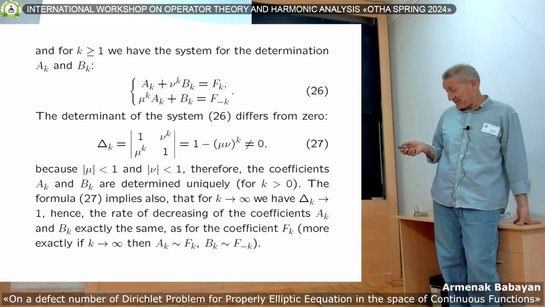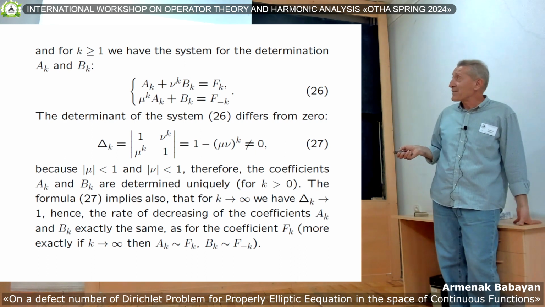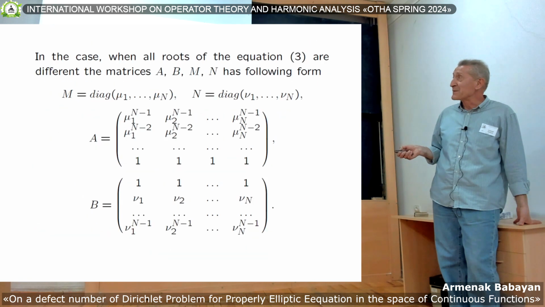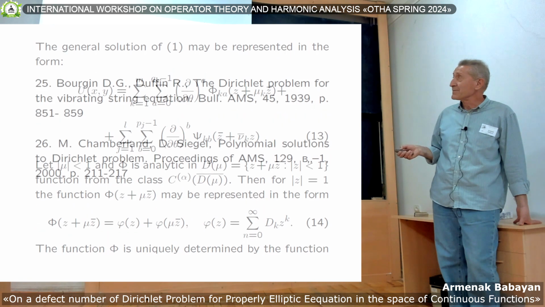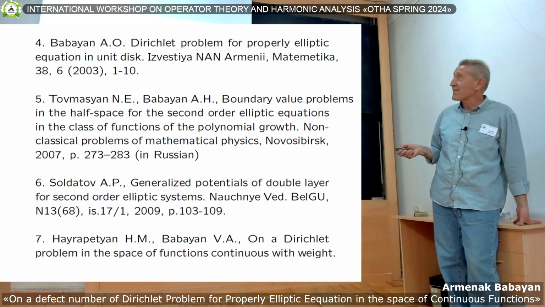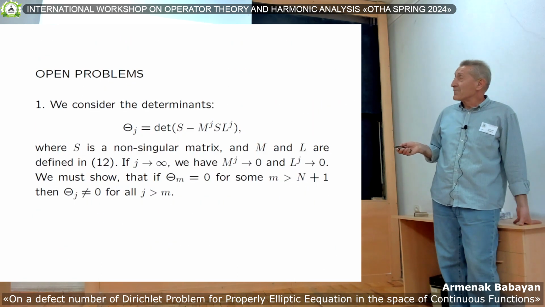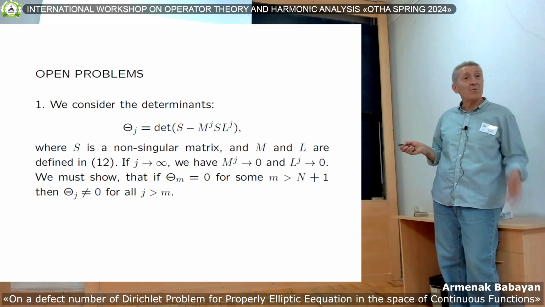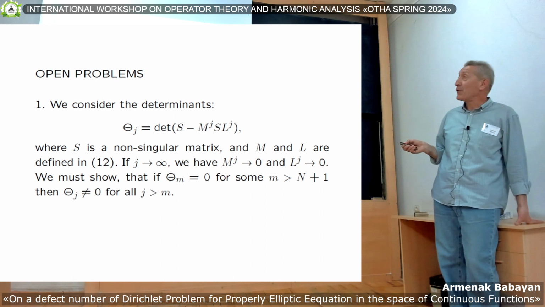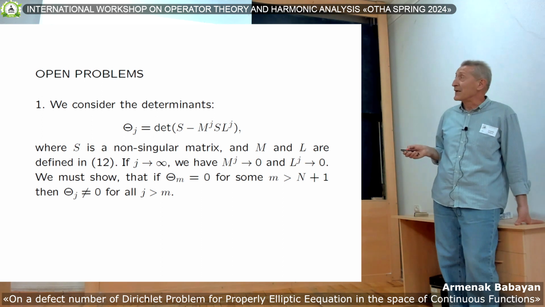So we get that. Now, two words about open problems. The first problem is the following. We consider such determinants. We see M and L have norm less than 1. Therefore, if G tends to infinity, this part tends to 0. S is non-singular. But the problem is the following.